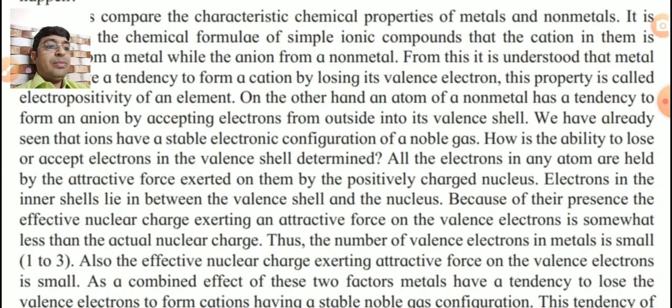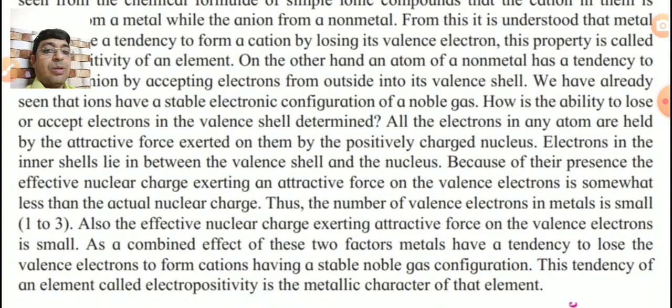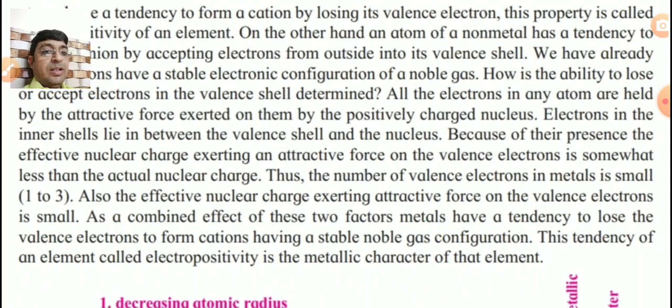Thus, the number of valence electrons in metals is small, 1 to 3. Also, the effective nuclear charge exerting attractive force on the valence electrons is small. Number of valence electrons are small. That's why exerting attractive force on that valence electron is also small.